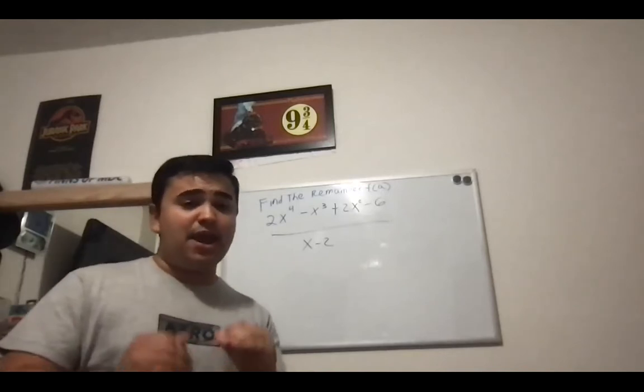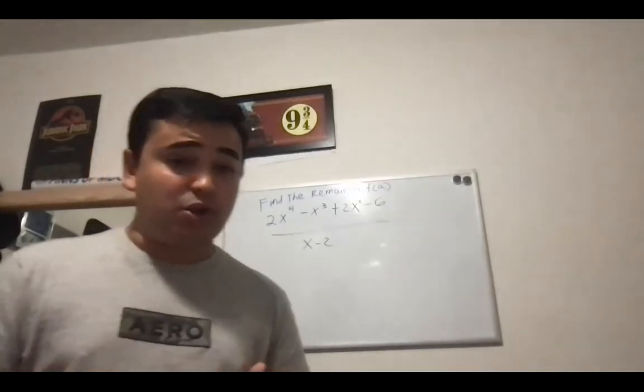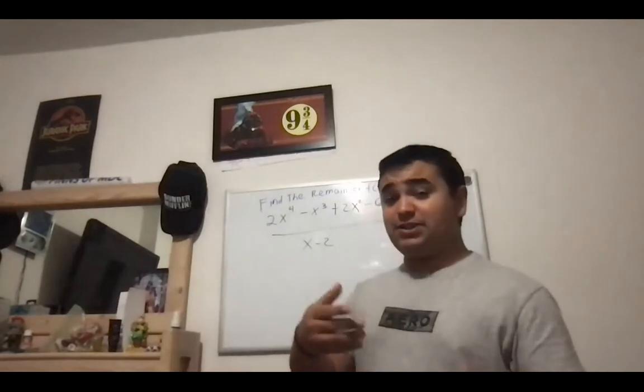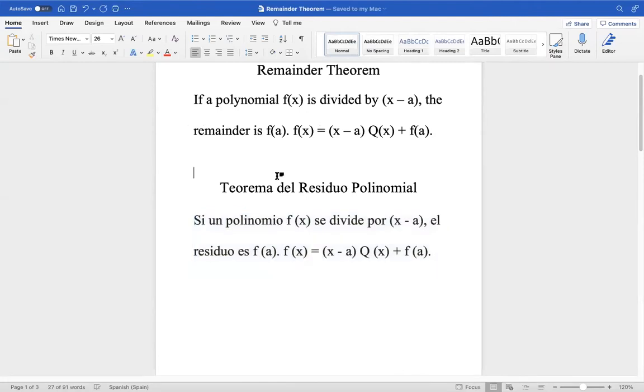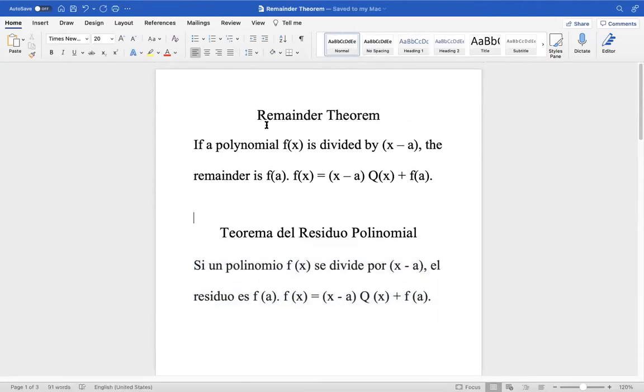Let me go right ahead and explain to you guys what the polynomial remainder theorem is, and then we will go ahead and start speaking about the factor theorem much later on. So, the remainder theorem states that if a polynomial f of x is divided by a binomial of the form x minus a, the remainder evaluated is f of a.